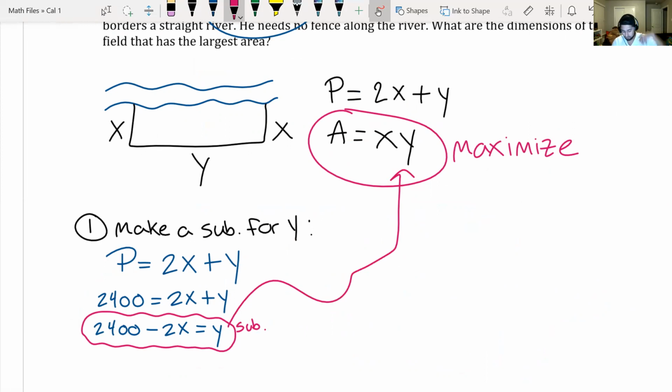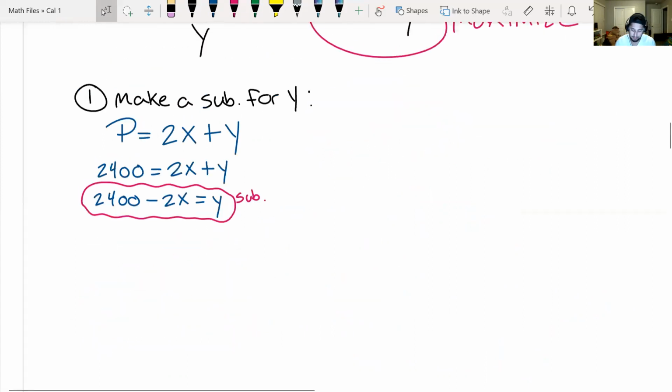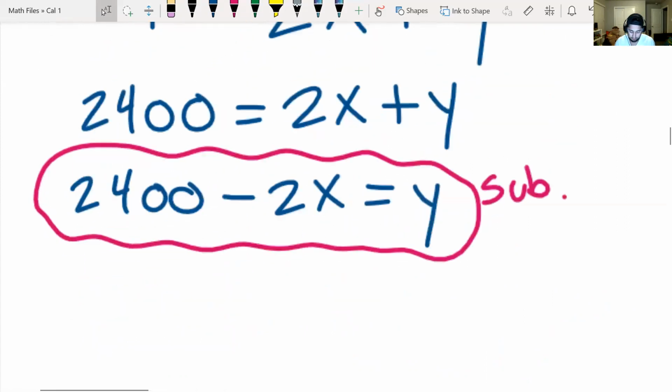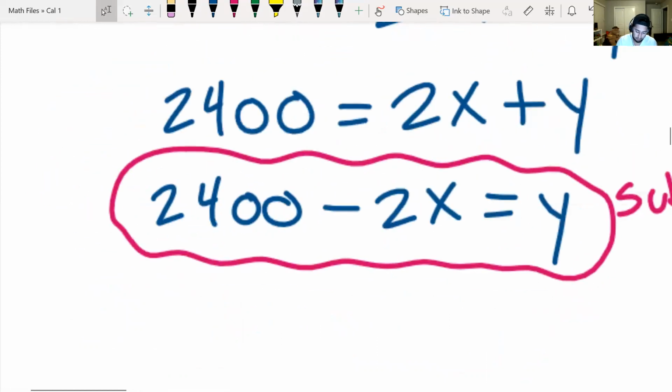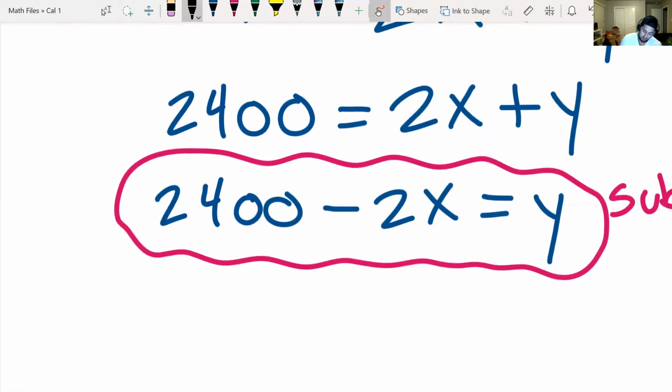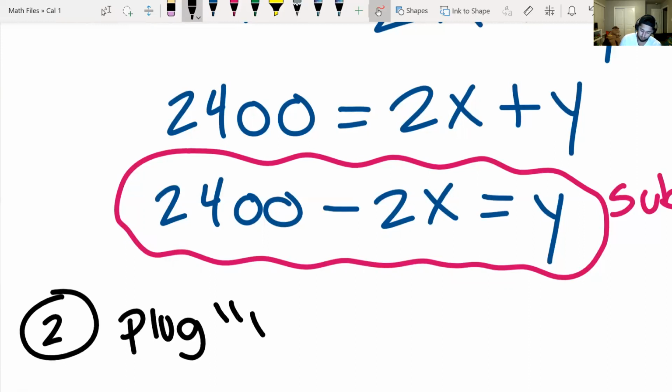Doing so, we'll put area all in terms of x. Okay, so that's 1. Let's make a step 2. Plug y into area.